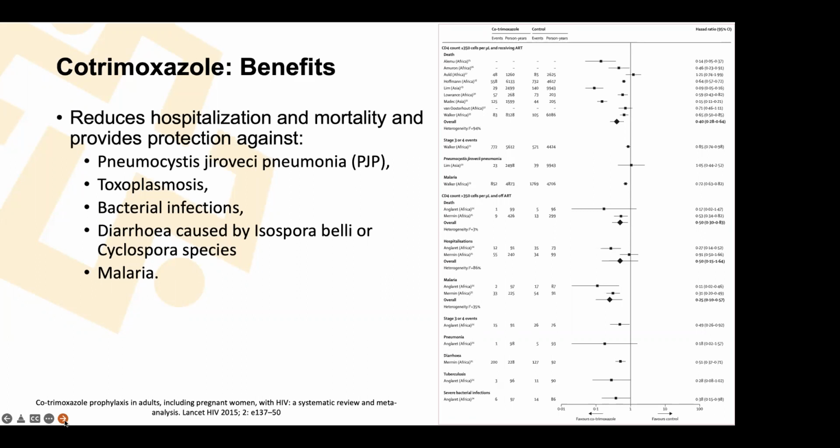What is very important is for us to appreciate the benefits of initiating cotrimoxazole for our patients, primarily to prevent pneumocystis jirovecii pneumonia, which is really a significant contributor to morbidity and mortality.